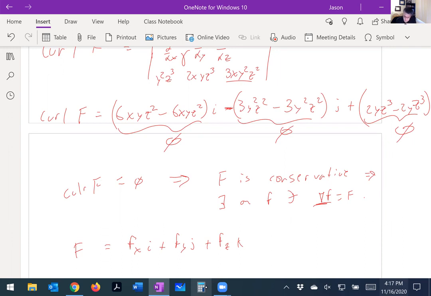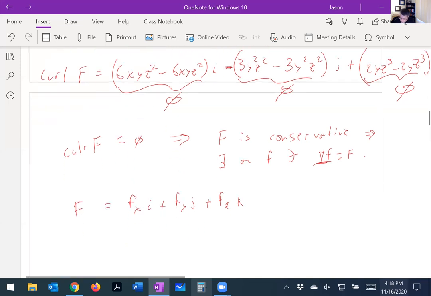Oh, it's the del, yeah. The del of f is equal to F, yeah, that's right. It's equal to the partials. Yeah, so we need to find out what is f, okay, I'm good.